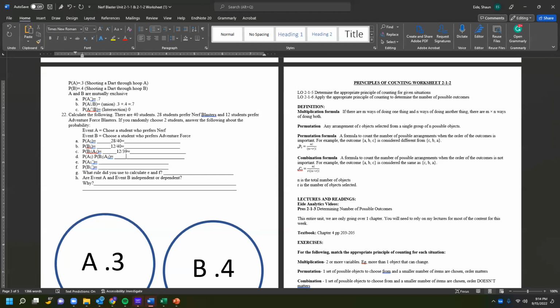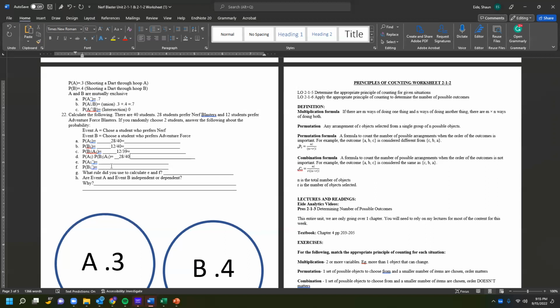And then right here we have joint probability. What's the probability of the first person choosing a Nerf blaster and the second person choosing an Adventure Force blaster, given that the first person chose a Nerf blaster? First of all, you say, what's the probability of the first person choosing a Nerf blaster? That's 28 divided by 40.